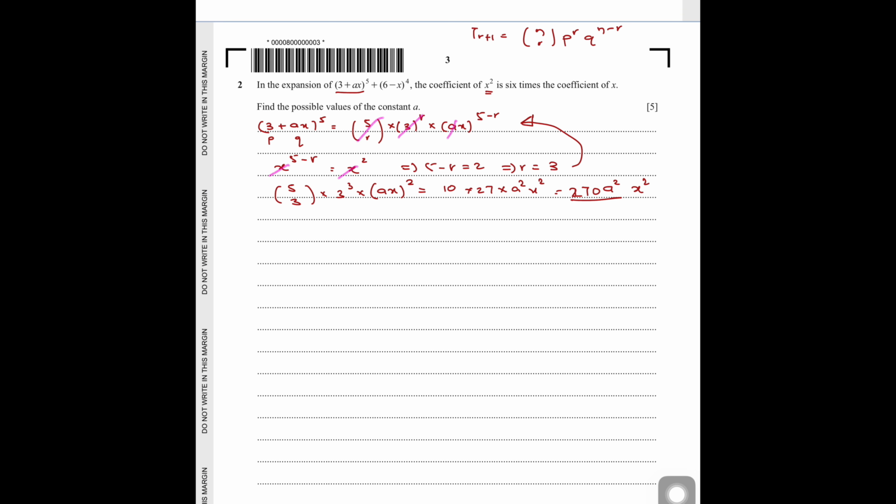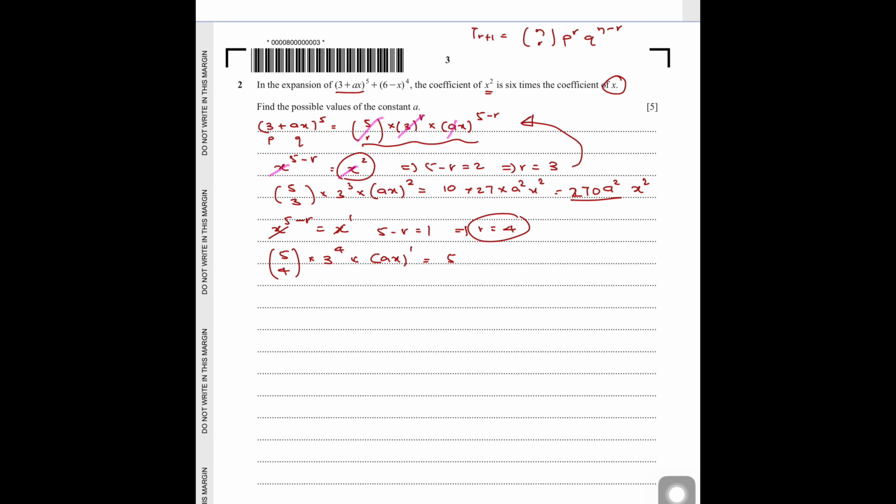Now let me try the coefficient of x. So in place of x squared, I'll write x to the power 1. So x^(5-r) is x^1, so 5 - r is 1, r is 4. Where do I substitute? Again, the original term, whatever I have written there. 5C4, 3 to the power 4, and (ax)^(5-4) is 1.